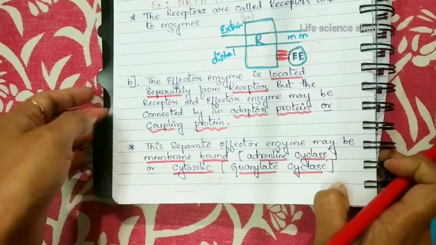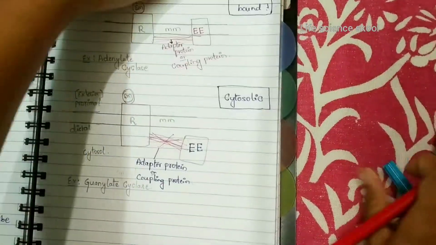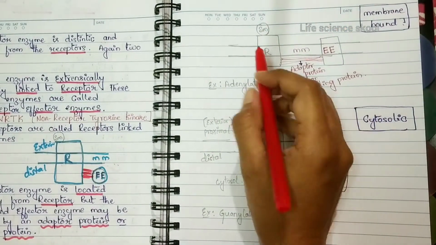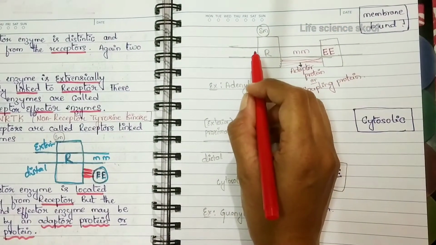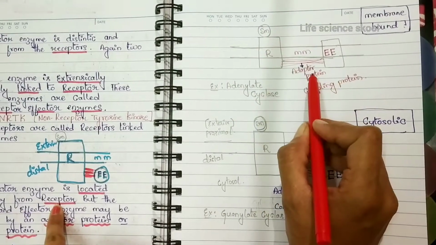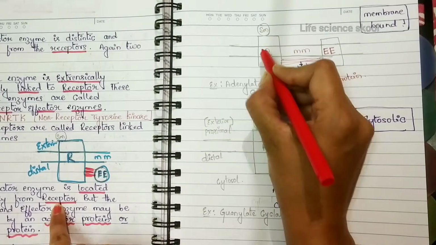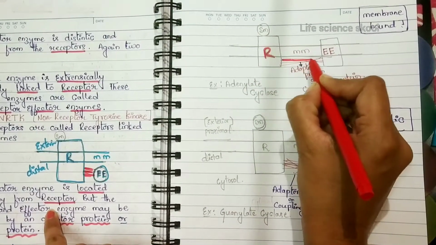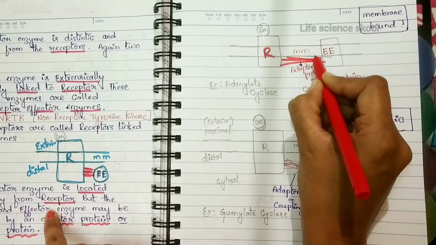I will make you understand this with a diagram here. Concentrate here. Now I am explaining the second type. The effector enzyme is located separately from the receptor. See, this is the receptor, this is the effector enzyme. As I mentioned, these are located separately, linked here separately like this.